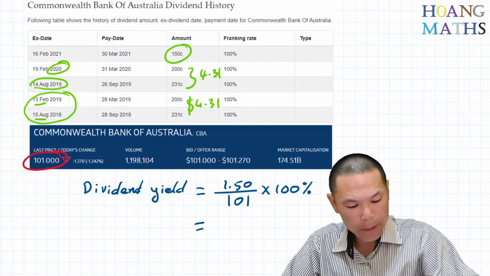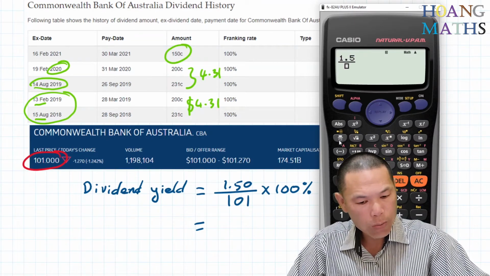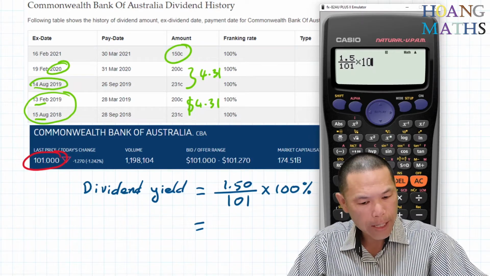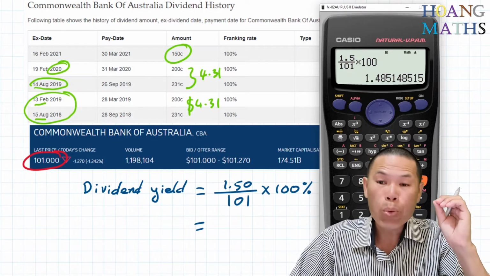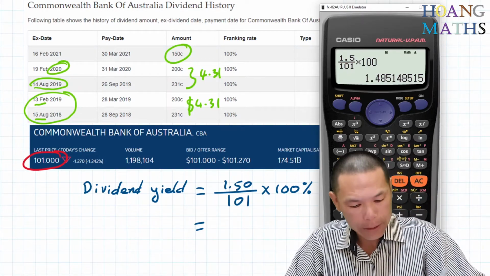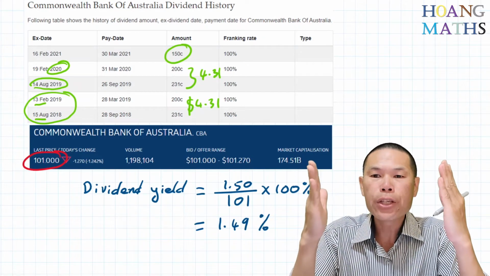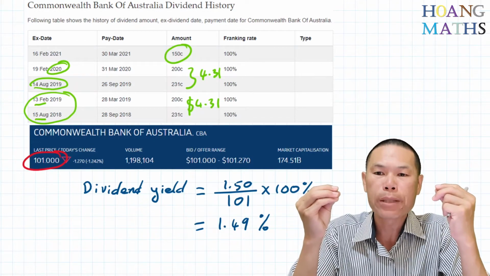So I just go 1.5 over 101 and times by 100. There you go, 1.49%, correct to 2 decimal places. The dividend yield for 2021 for Commonwealth Bank is 1.49%.